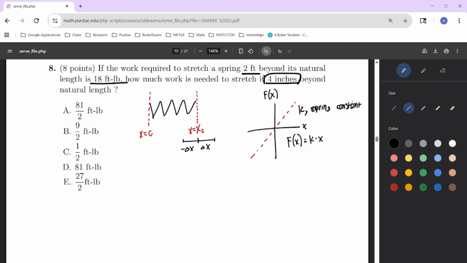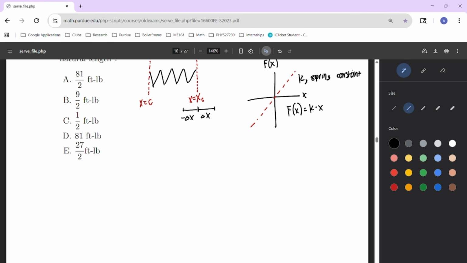And then from here, we can solve for the work done on the spring as you pull or compress on it. So we know that work in any scenario is always the integral from your starting position to your ending position of the function of force at every point x, with respect to dx, because that's the direction that the spring is being pulled or compressed in.